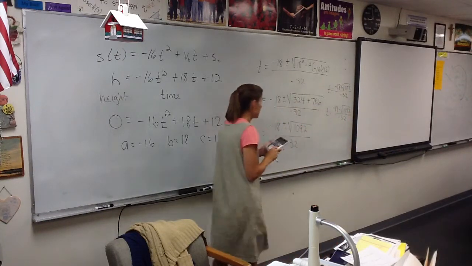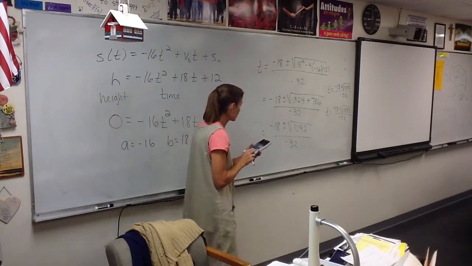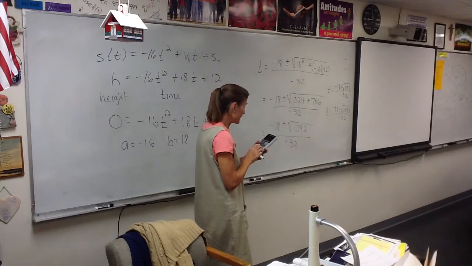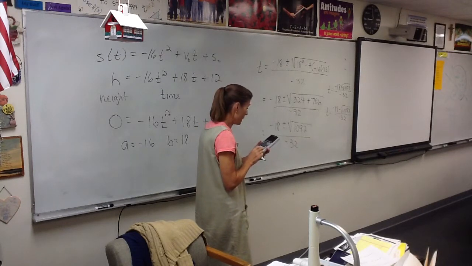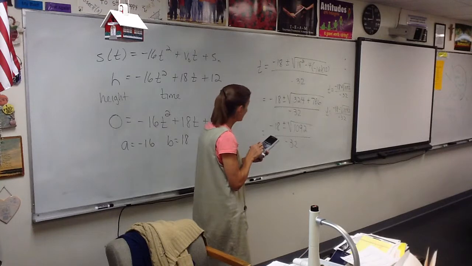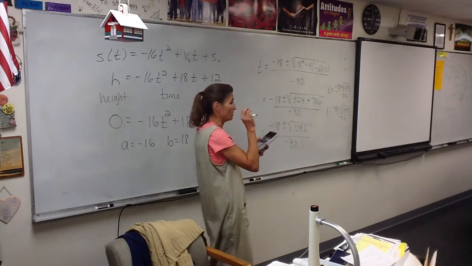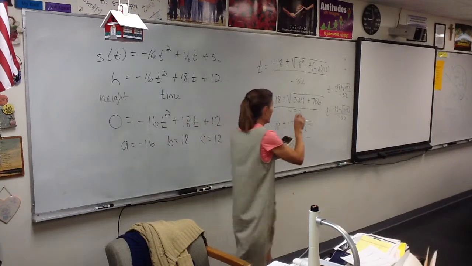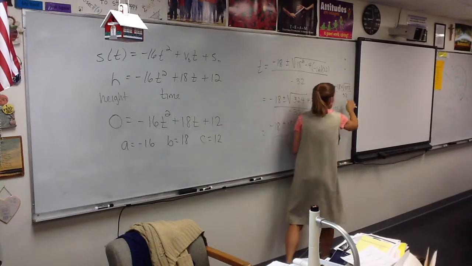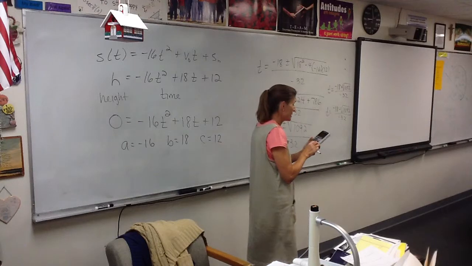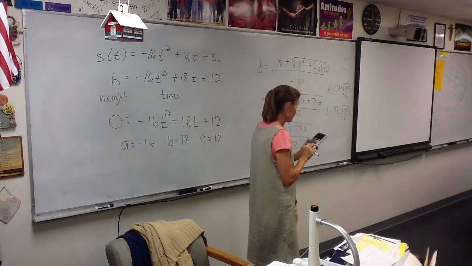So I'm just going to type that into my calculator. Negative 18 plus the square root of 1092 equals, after you put in your numerator, please hit equals, divided by negative 32.